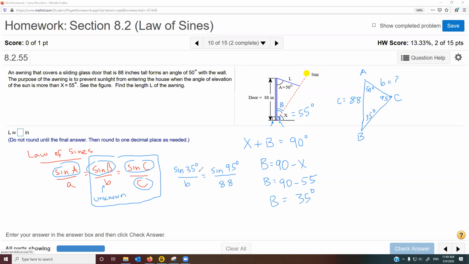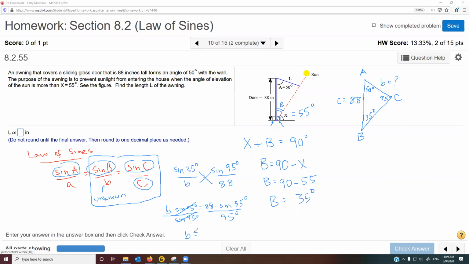All right, well, one fraction is equal to another. That allows me to cross multiply. So B times sine of 95 degrees is equal to 88 times sine 35 degrees. I want to get B by itself, so I'm going to divide both sides by sine 95 degrees. That cancels out on the left side, and now I'm going to go to my calculator.